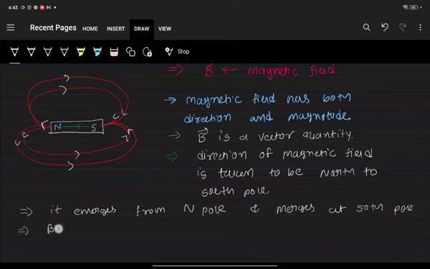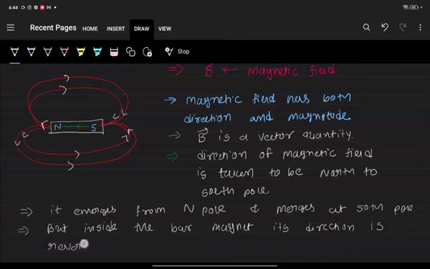But inside the bar magnet its direction is reversed. It is south pole to north pole. So write this all down and we'll move further.